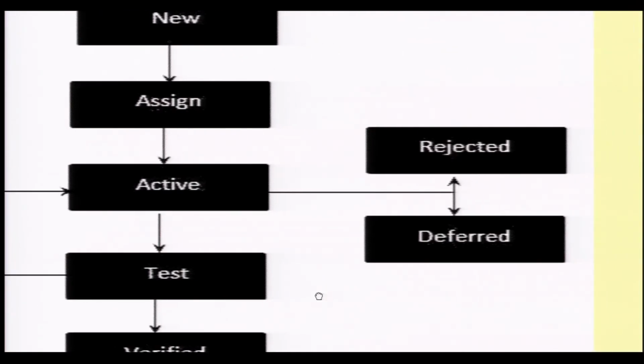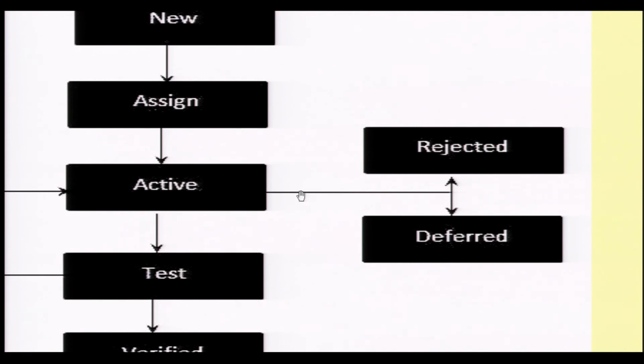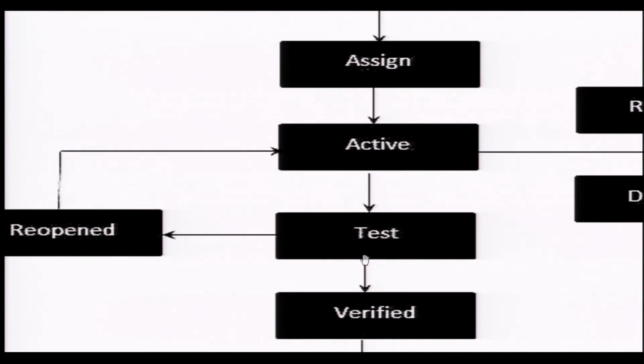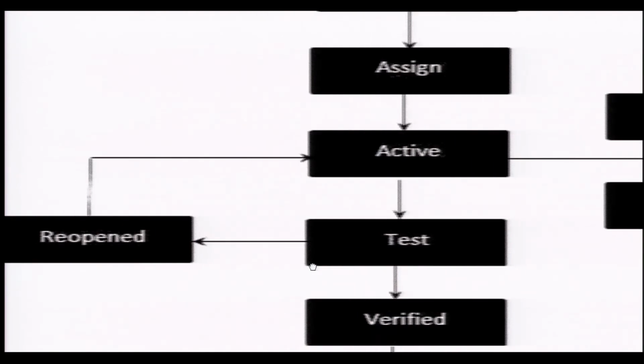If the bug has not been closed, then that particular bug will be either rejected or deferred. Now after testing, if there is an issue even in coding, if it has not been closed properly, if the issue has not been resolved, then the bug will be reopened and again it goes to an active status.